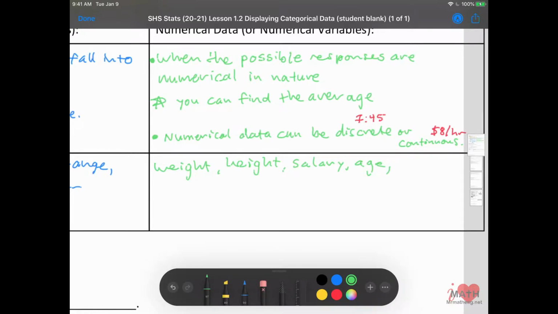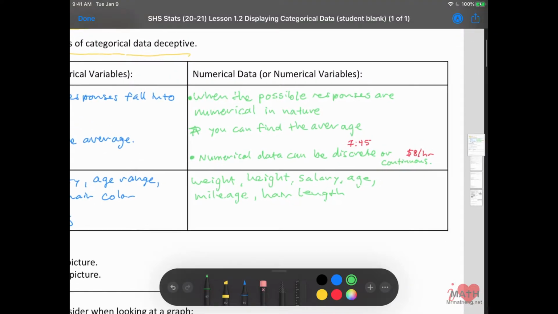What's the mileage on the car you're buying? How about, maybe in this COVID-19, how long is your hair? And just like the word numerical, they are numbers. That's how I would summarize it.